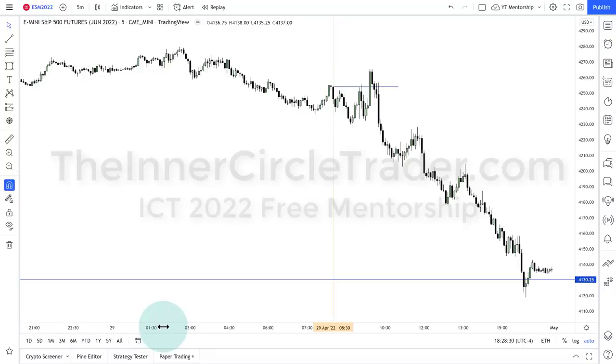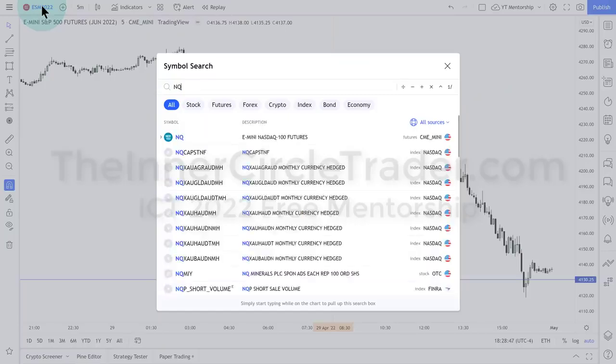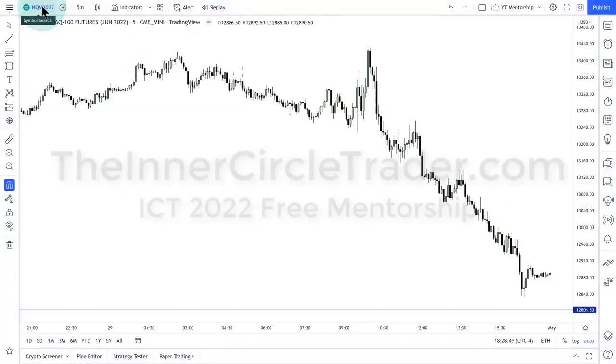I did some executions just to prove visibility, to prove I was expecting a certain run, and I believe I was on NASDAQ. Yeah, I was in the NASDAQ. So let's go over to NASDAQ. Okay, that's in here. So we're going to zoom in here on this bit of business.